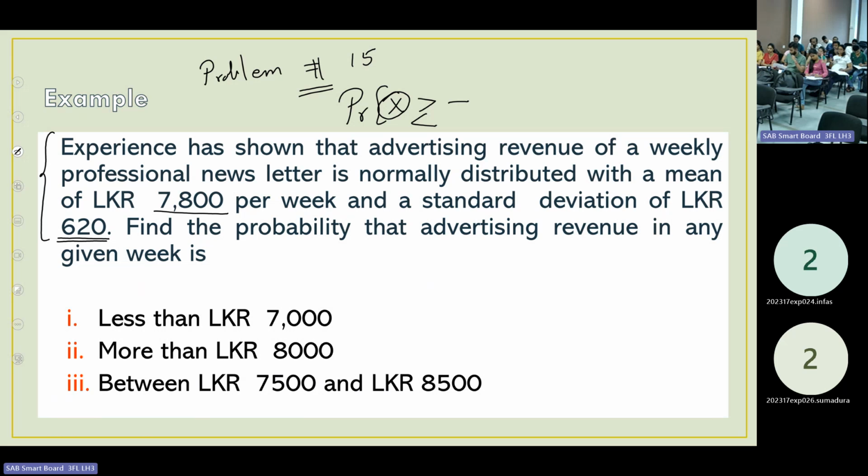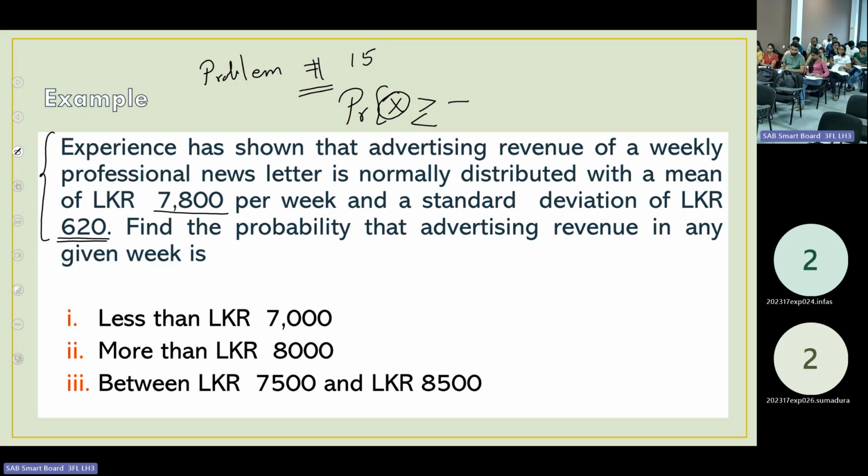A mean is given, a mean of what? Advertising revenue. Advertising revenue per week, if you want, you can include. So here X is advertising revenue.